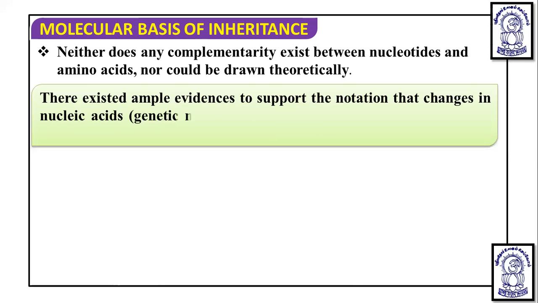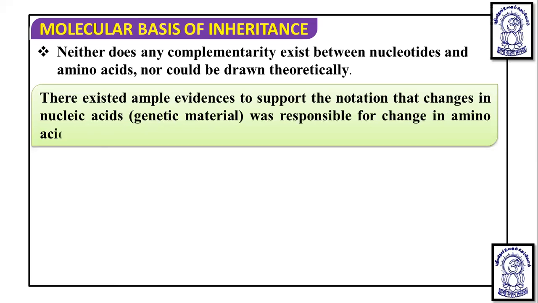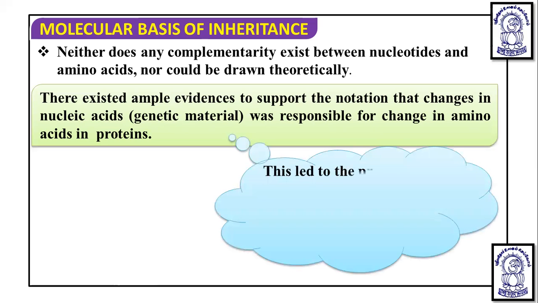There existed ample evidence to support the notion that changes in nucleic acid, or genetic material, were responsible for a change in amino acid in protein. There is no direct relationship between the DNA and amino acid sequence, but if any mutation occurs in the DNA sequence, there is a change in amino acid in a protein.